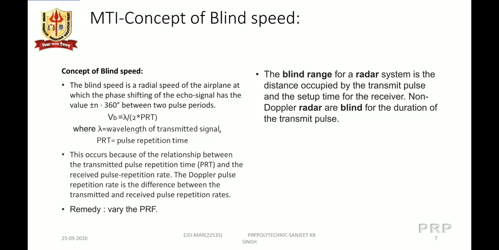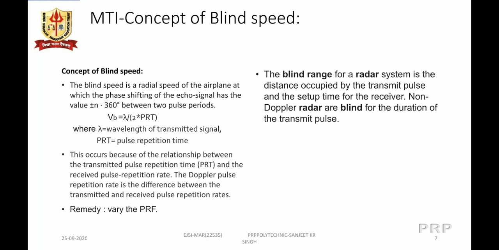The blind speed occurs because of the relationship between the transmitted pulse repetition time PRT and the received pulse repetition rate. The Doppler pulse repetition rate is different between the transmitted and received pulse repetition rate. So a solution to the problem of blind speed is to vary the PRF.